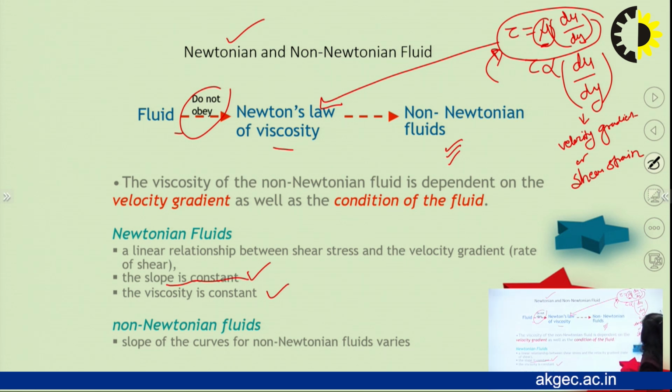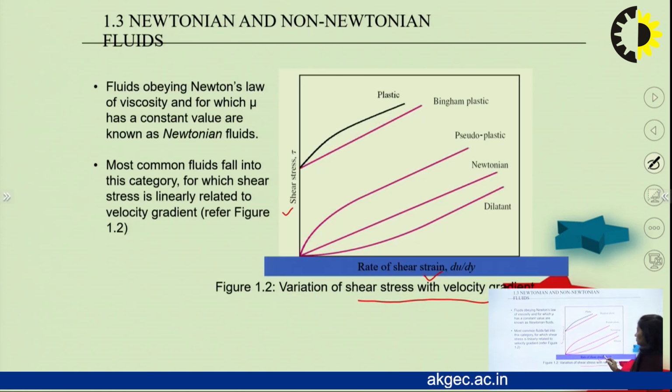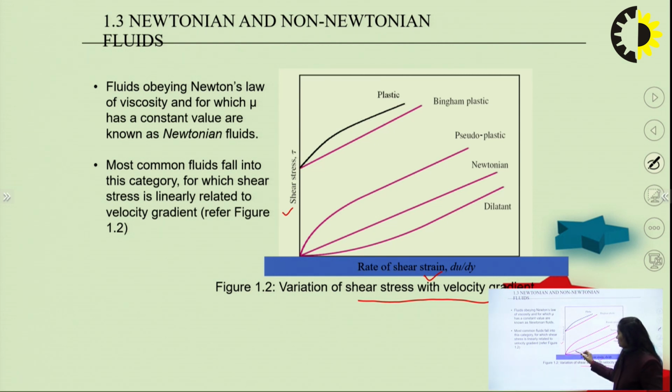Here you can see we have plotted shear stress versus shear strain. Here you can see a straight line, this one, this is your Newtonian fluid, where the slope is constant. The slope is constant, which shows that shear stress is proportional to du by dy, or velocity gradient.